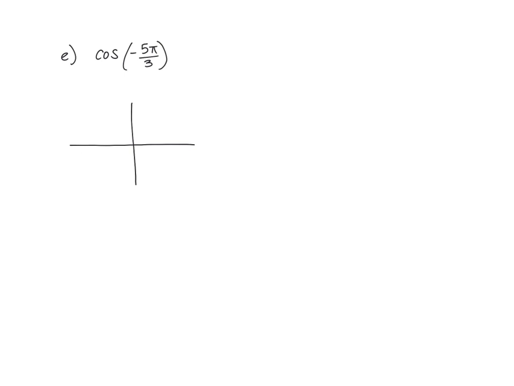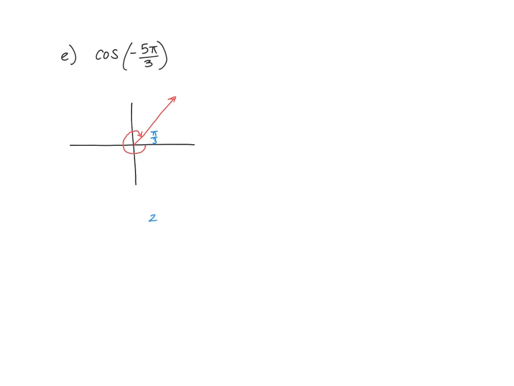So our terminal arm is rotating around through that fourth quadrant, and we're at -5 pi by 3, which means I have rotated and I am pi by 3 shy of a full rotation. Okay, so I'm 1/3 short of the x-axis.